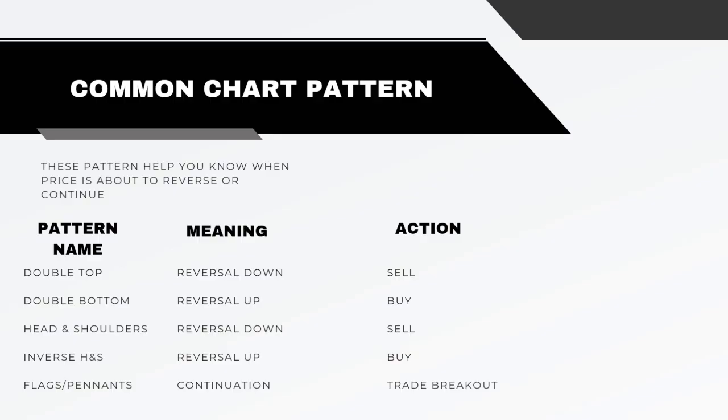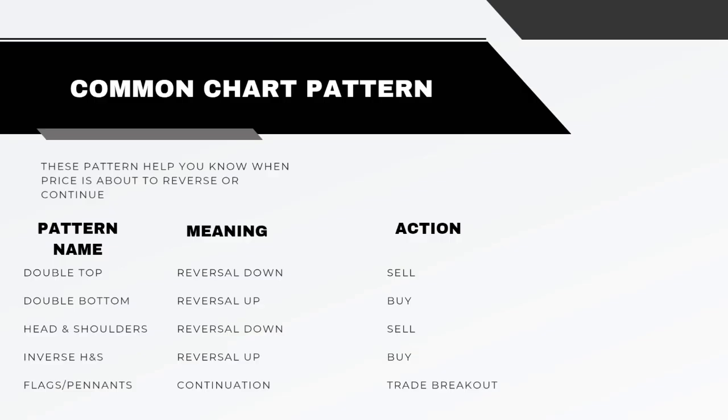So there are common chart patterns that we need to know as a forex trader. These patterns help you to know when the price is about to reverse or continue. You have a double top, which is reversal to the downside, where you have to sell. Then we have a double bottom.